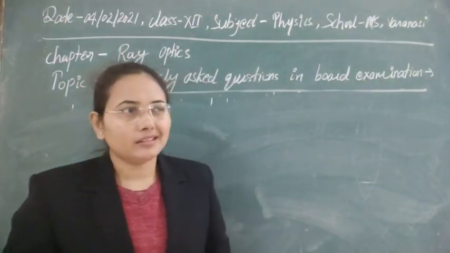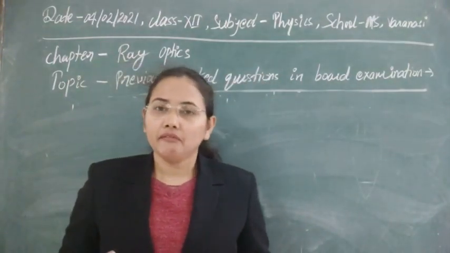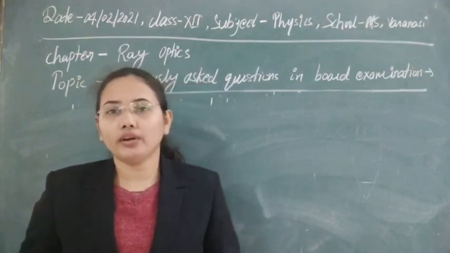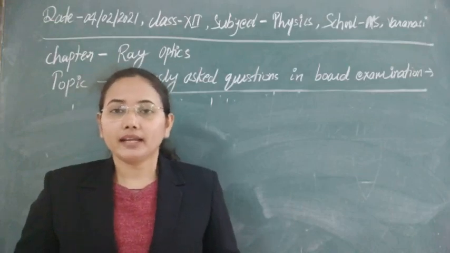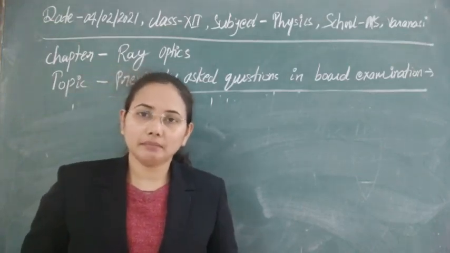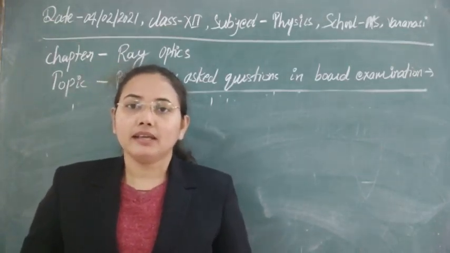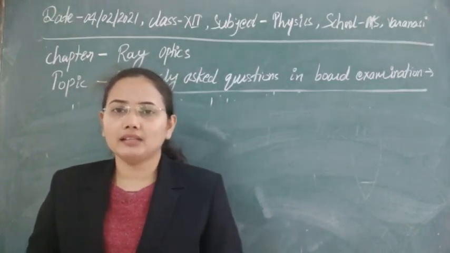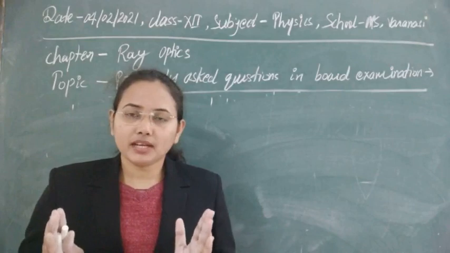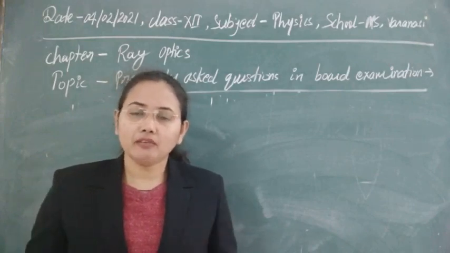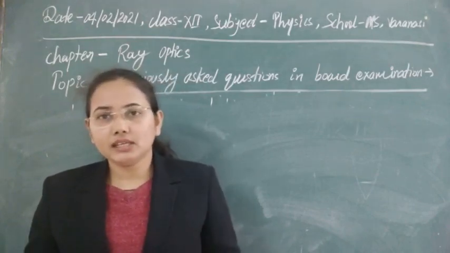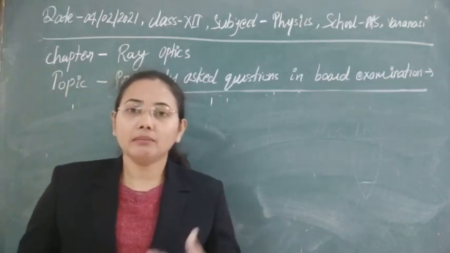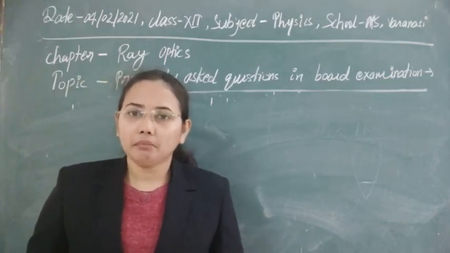In the normal way, you know that whenever you put an object in front of a concave mirror, we get an inverted and diminished image. But here we have to find only one condition, which you already know. If you put the object between the pole and the focal point, then the image will be formed behind the mirror, and it will be erect and magnified.